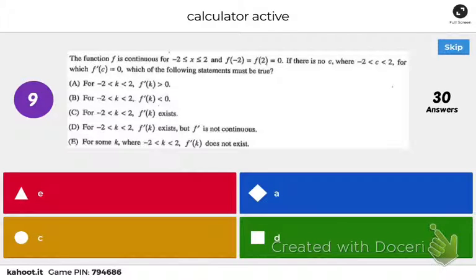About 10 seconds. Hopefully you've narrowed it down to where you can give an educated guess.